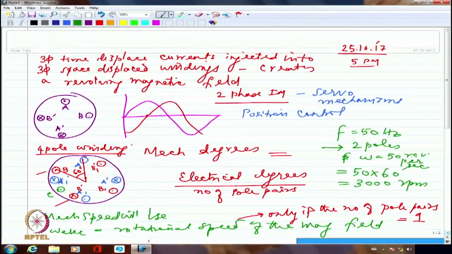You got my point. 60 degrees will be in mechanical, 180 degrees will correspond to electrical. That's all. So, for the number of poles, 4 poles or 2 pole pairs, either way is fine. Many books write it in terms of pole pairs.